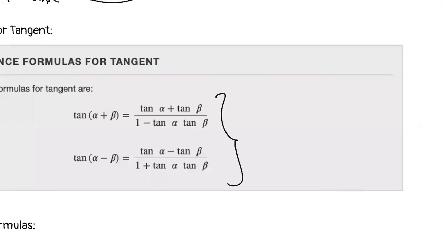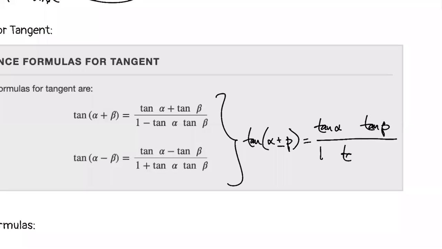What we can say is that tangent of alpha plus or minus beta equals tangent alpha. Leave a space. 1, leave a space. Okay.